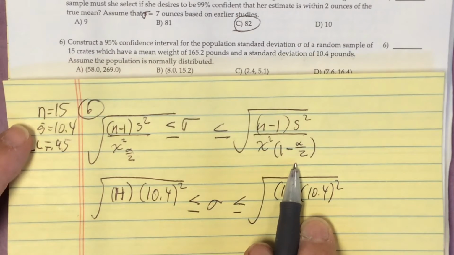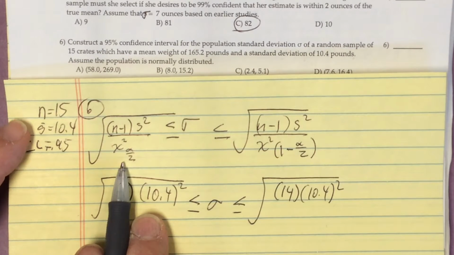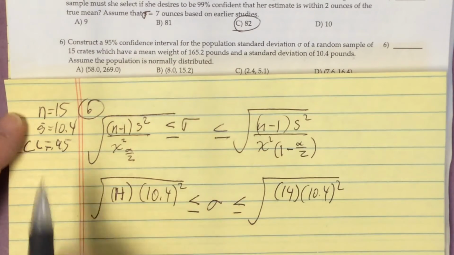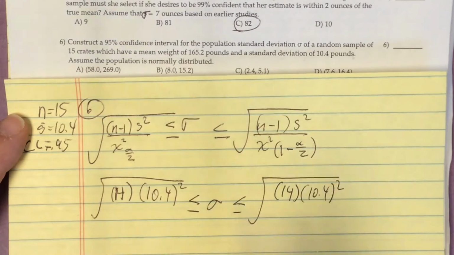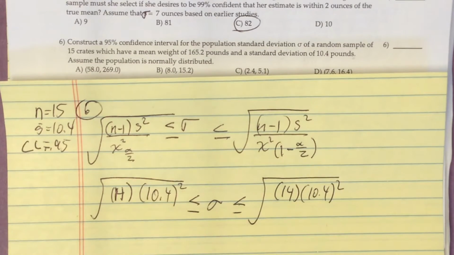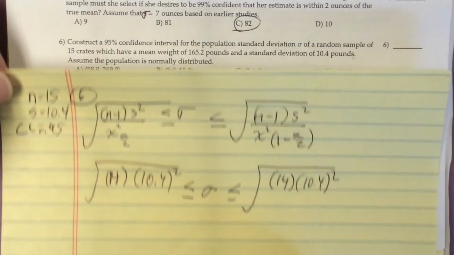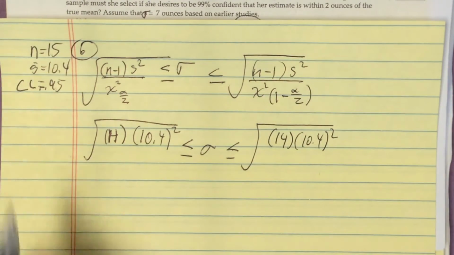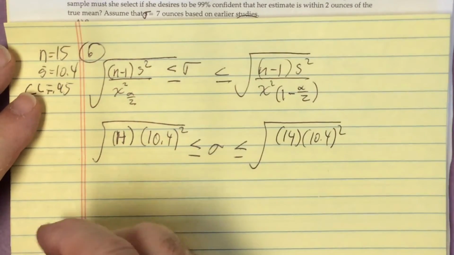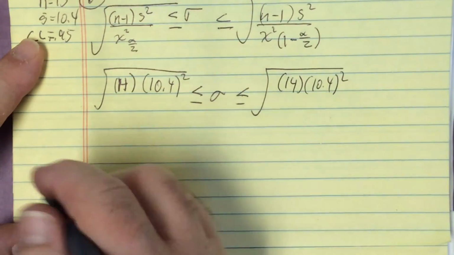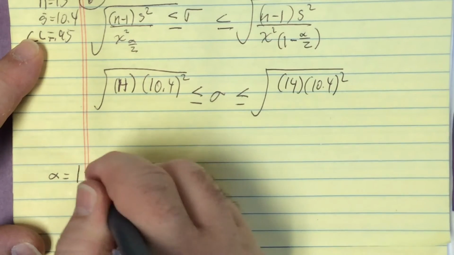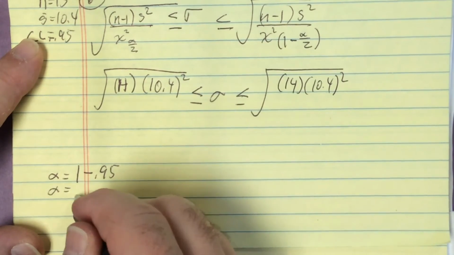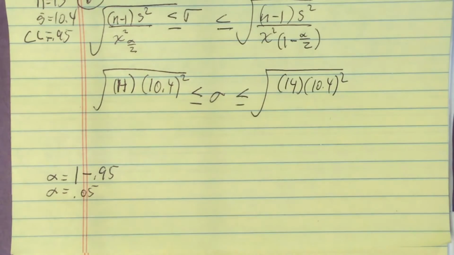For this one, we're going to work out how we identify how alpha over 2 plays a role. If we have a confidence level of 0.95, I'm going to do a bit of separate work on calculating this below. I take the confidence level of 0.95, and the way I determine alpha is by taking 1 minus 0.95. If I do that, that's going to give me an alpha value of 0.05.